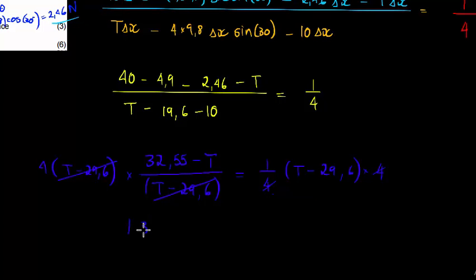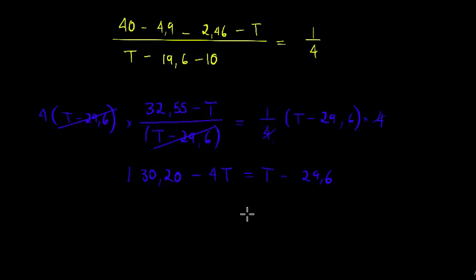So 130.20, I think so, minus 4t is equal to, and then here we only have t minus 29.6. And now when I solve for t, I can add a 4t on both sides to get a 5t on this side. So I've got 5t, and then adding 29.6 on both sides.